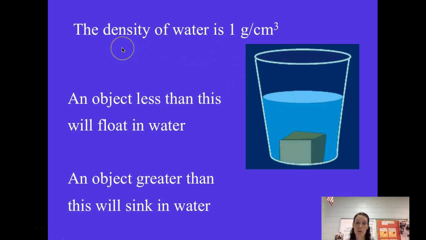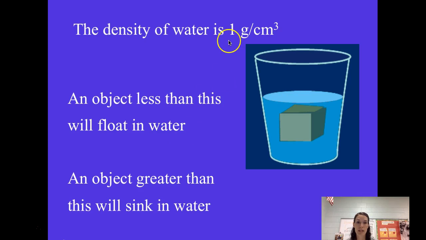We are concerned more with water in this unit, and so we need to just kind of memorize that the density of water is 1 gram per cubic centimeter. So real easy number to remember for you. Density of water is 1. All right, so if an object has a density that is less than 1, it's going to float in water.